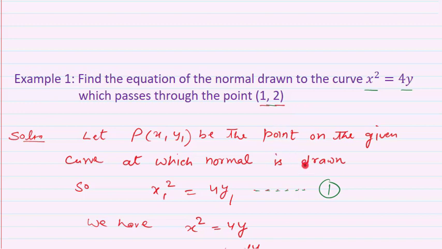At that point you will calculate slope of tangent and normal if required, then find out the equation of the required normal or tangent at x1 y1, and by using the relation which is given, we can calculate the value of x1 and y1, and ultimately by using x1 and y1 we can find out the equation of normal or tangent whichsoever is required.